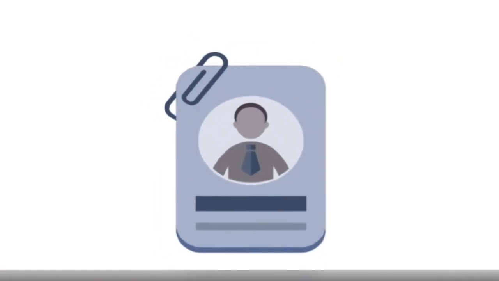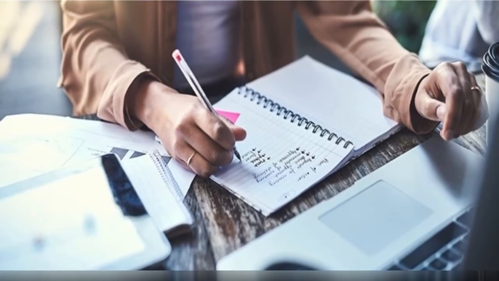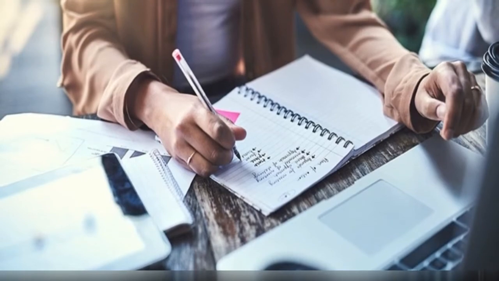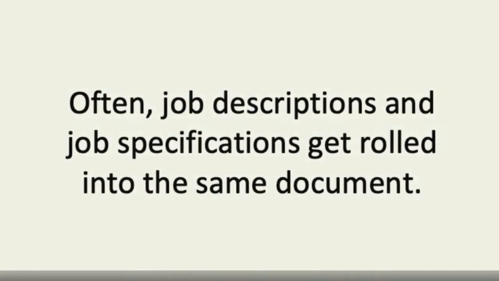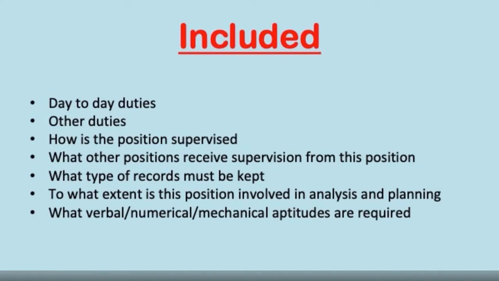Remember, even if your company has determined it is not going to have job descriptions, writing a job description will help you clarify what the position entails and its necessary qualifications. Often, job descriptions and job specifications get rolled into the same document, but job specifications include day-to-day duties, other duties.